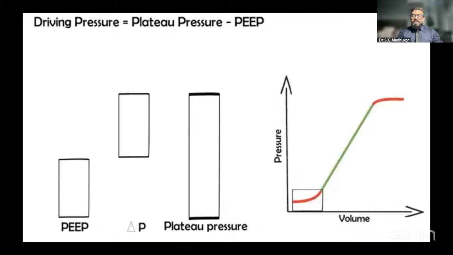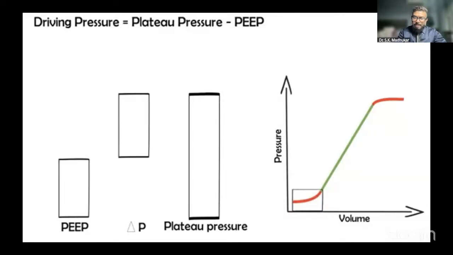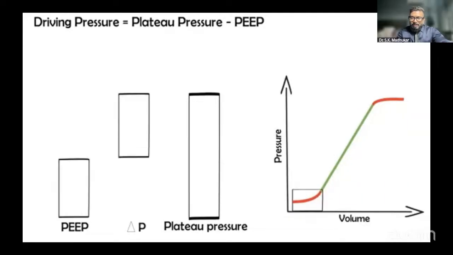If we increase the PEEP, compared to the previous slide, and the plateau pressure is not increasing, only PEEP is increasing, therefore driving pressure is getting low.